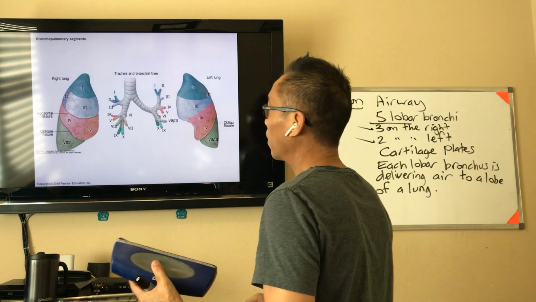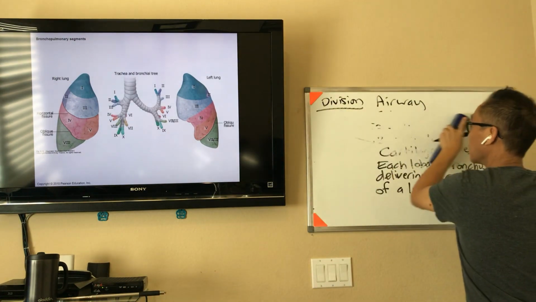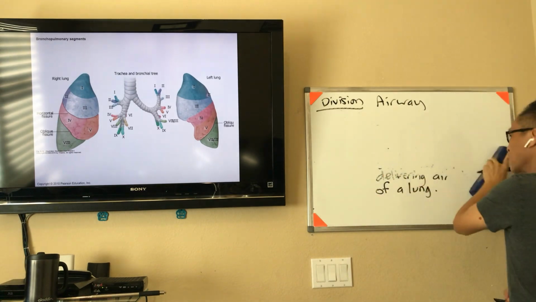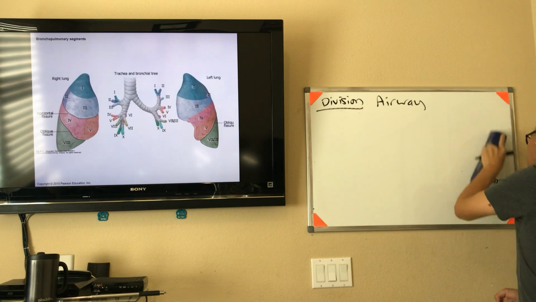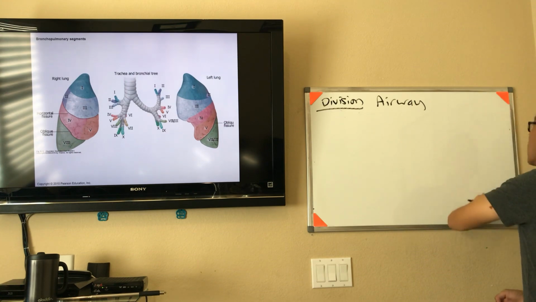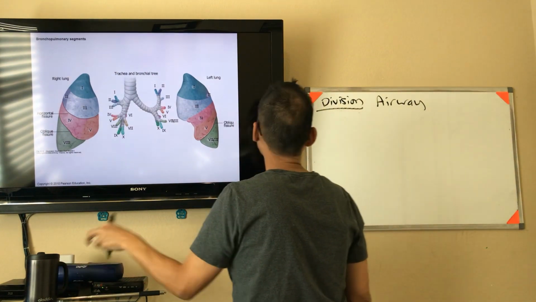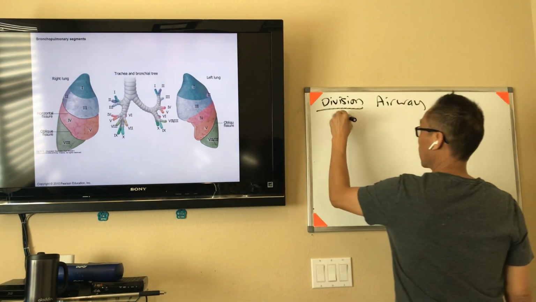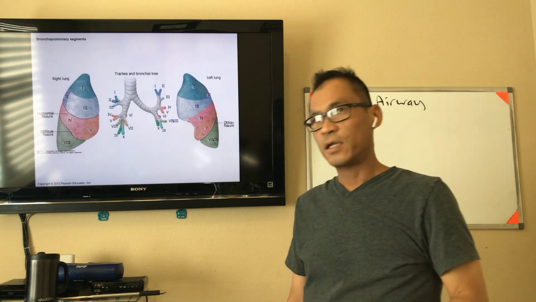Continuing on with the third division. Division 3. Those 5 lobar bronchi, when they divide, give rise to something like 19 or 20 tertiary bronchi.